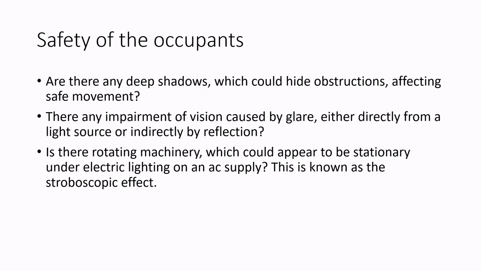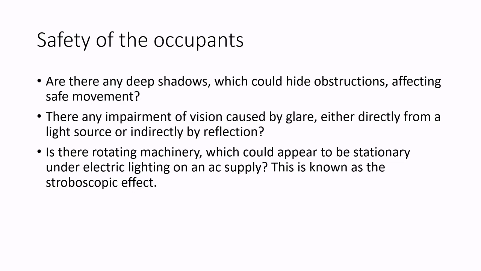The next thing is, you have to avoid the stroboscopic effect. If you have synchronous machinery in a place and you have synchronous light bulbs, that means light bulbs turning on and off depending on the AC waveform, most likely incandescent light, there can be an effect called the stroboscopic effect.